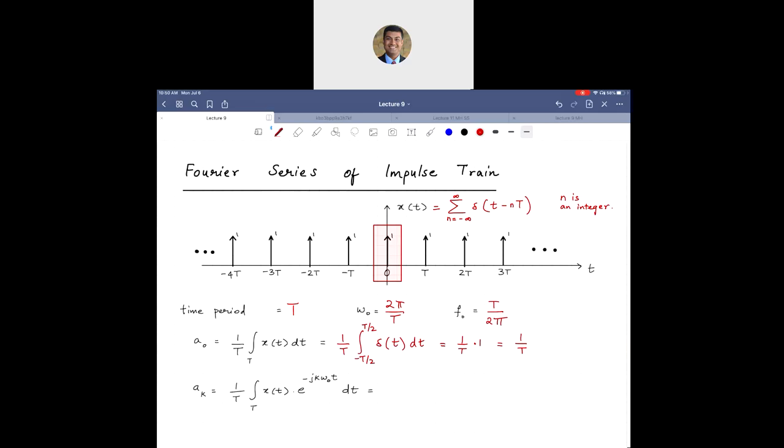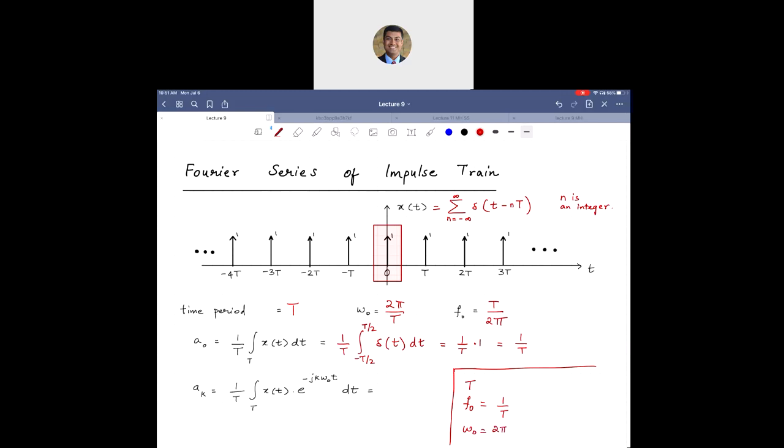So f0 is either 1 over T or omega over 2 pi. If the time period is T, then the fundamental frequency will be 1 over T, right? But what about omega naught?